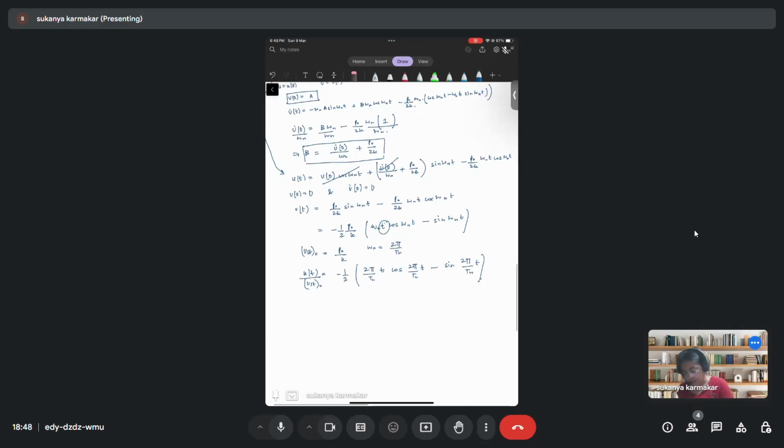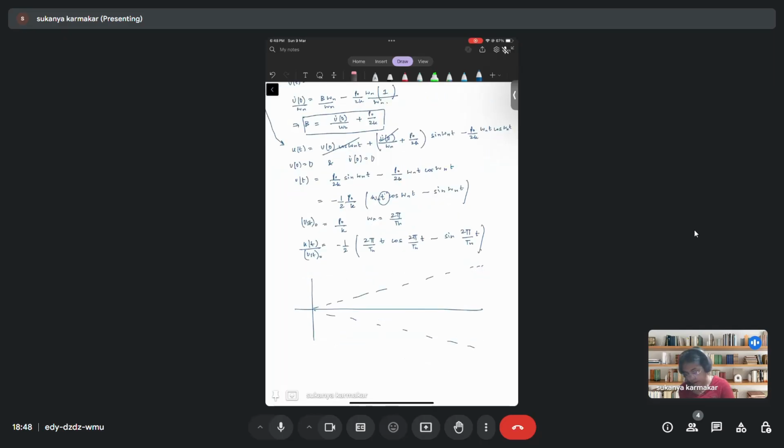So when you plot this, you will see that on the x-axis you have t by Tn, and on the y-axis you have u(t) by u_st naught, and you will see that your response will go on increasing like this.